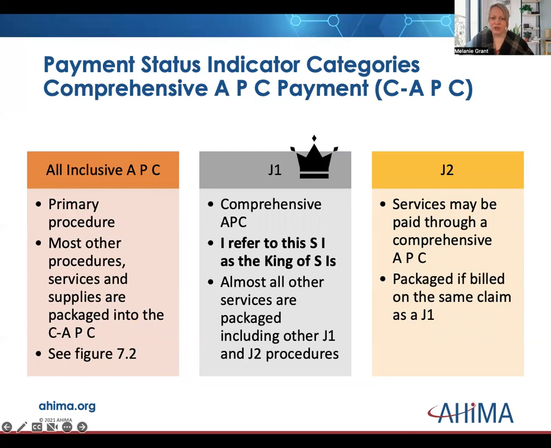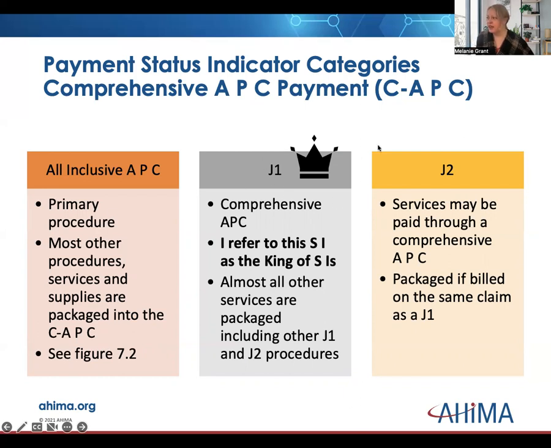Let's look at that. The first one of these is a comprehensive payment system. We have here an all-inclusive APC, which means there's a primary procedure and most of the additional services for partial hospitalization, kind of like in your inpatient setting, is all going to be bundled into one setting.